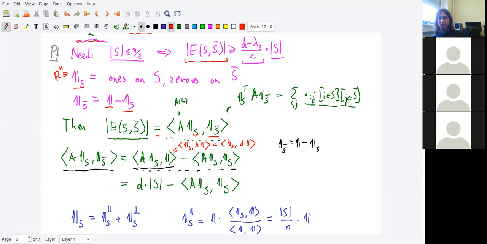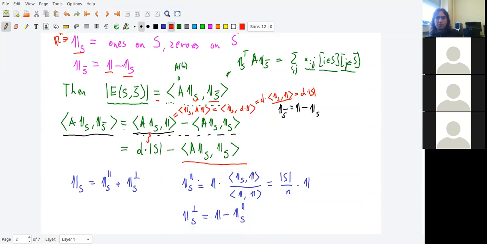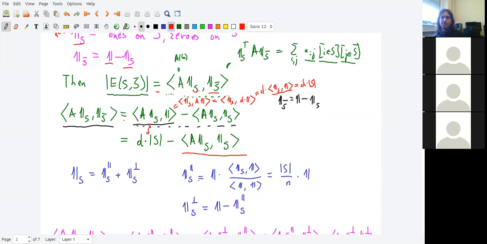So 1 is an eigenvector with eigenvalue D. So here is D times 1 on S cross product 1, and this cross product just counts the number of ones in the vector 1 on S. So this is just the cardinality of S. So here I've got D times the cardinality of S, and here I've got minus this term: a cross product of 1 of S with itself, but to one of the sides I apply A.